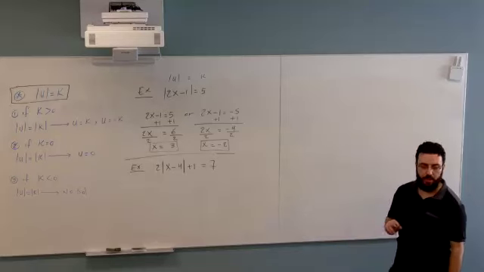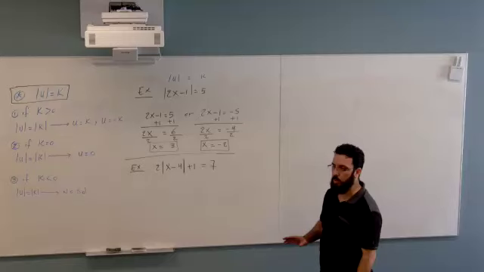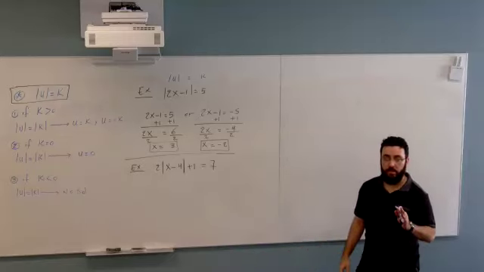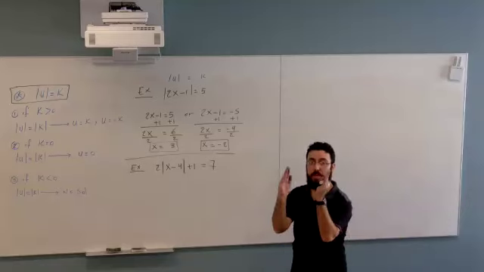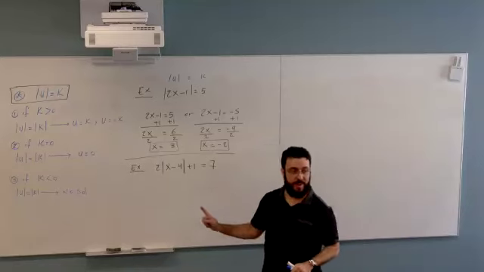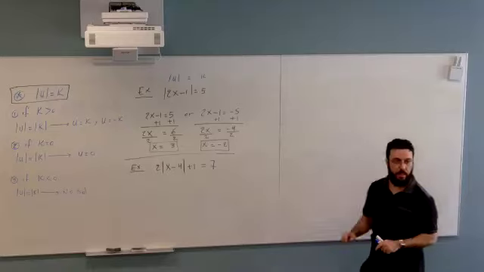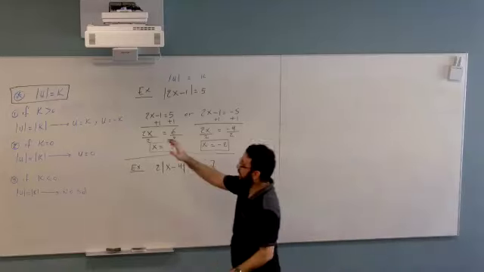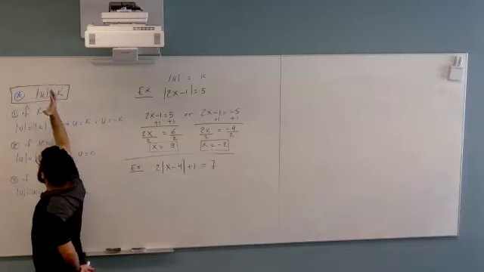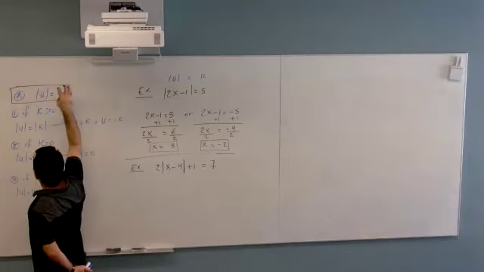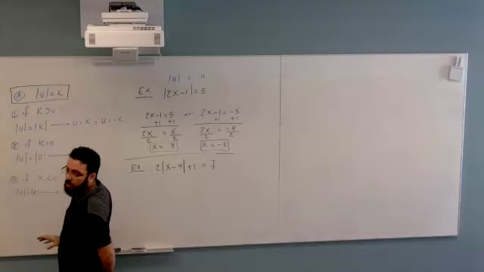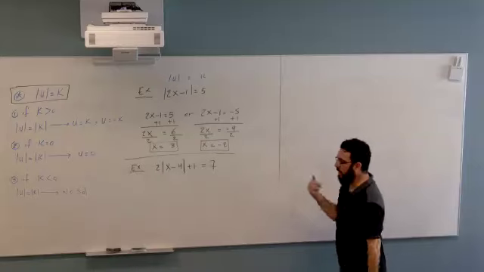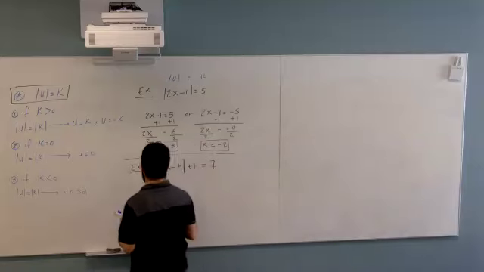Now, what about the next one? How are you going to solve it? The first step, you have to make sure the absolute value is by itself. The absolute value, which is the 2 lines. You see? Because that's the general form: the 2 lines on one side, everything on the other side. So move everything to the other side. What's the first step I have to move?